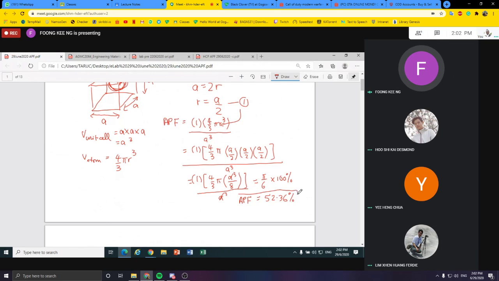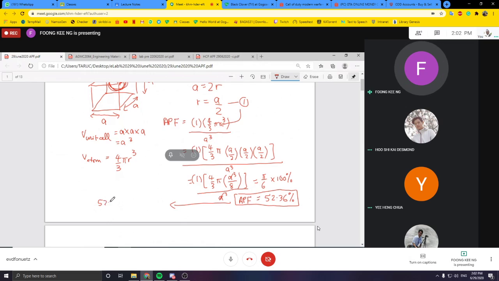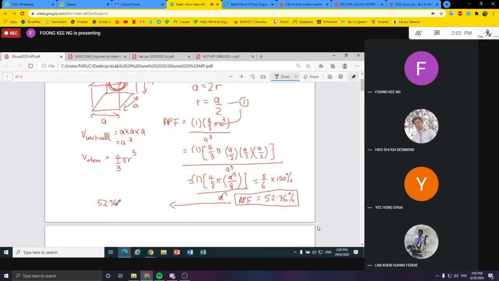What does it mean? At any time, I'm talking about my simple cubic. 52.36% is filled with atoms. So how much is not filled? It's occupied. This is occupied space.